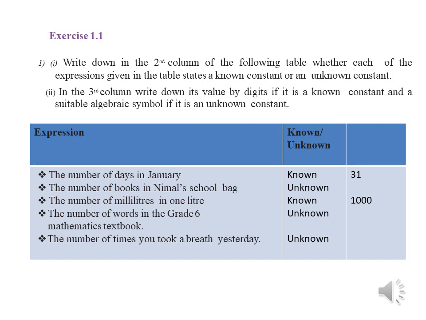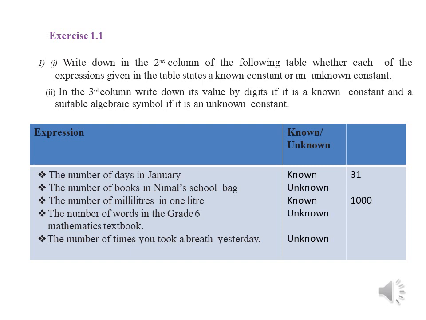The number of days in January. This is a constant value. You know that the constant number is 31. The number of books in Nimal's school bag. We don't know this one, therefore this is an unknown term. The number of milliliters in 1 liter.